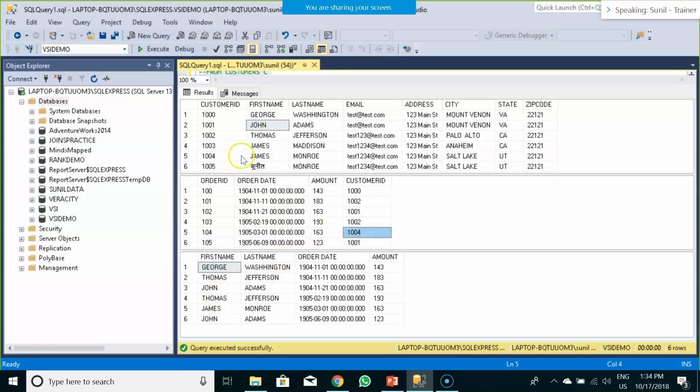Then there is James Monroe, 1004. Then there is John Adams, 1001. So only the information which has matching value from the customer table are displayed onto the left, and all the values from the right table, that is order table.